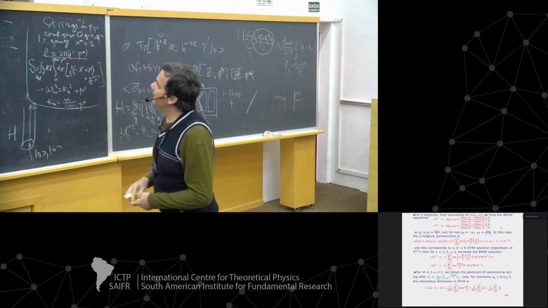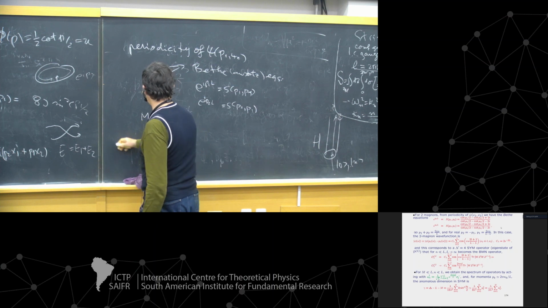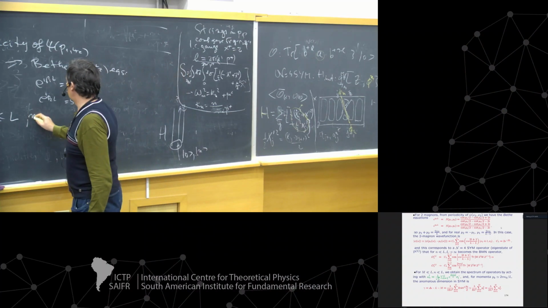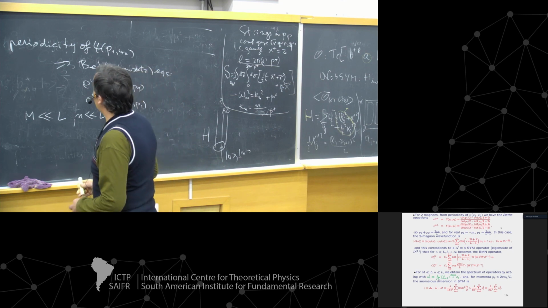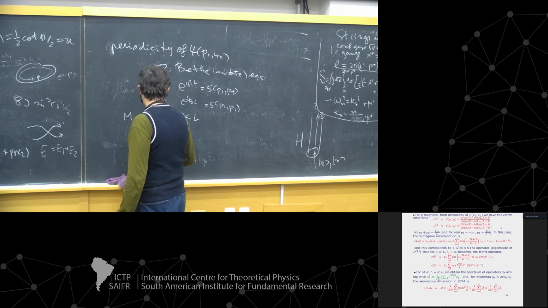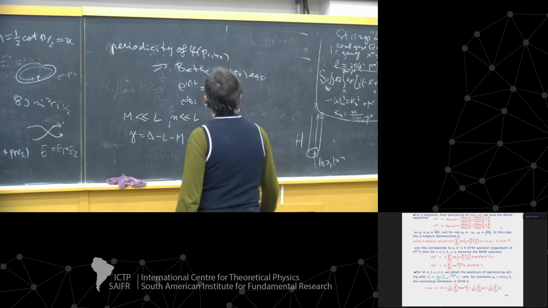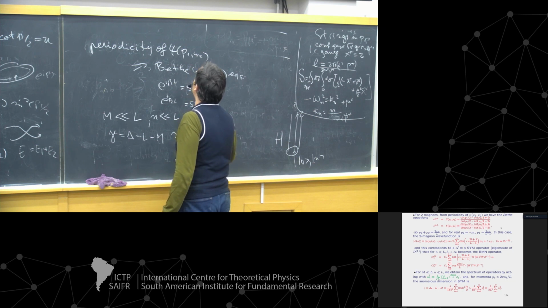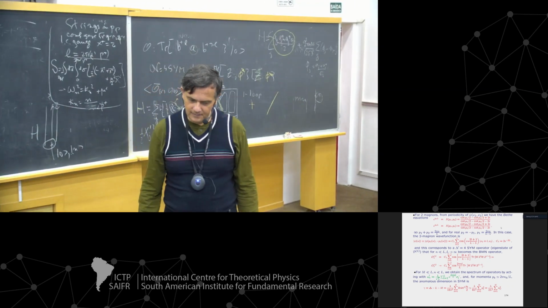If I still have a small number of magnons, much smaller than L, so it's still in the dilute gas approximation, and m much smaller than L as well, then you find that by mapping to super Yang-Mills, this becomes approximately lambda over 8 pi squared, sum over k from 1 to m, p_k squared. So it's a sum of momenta squared.